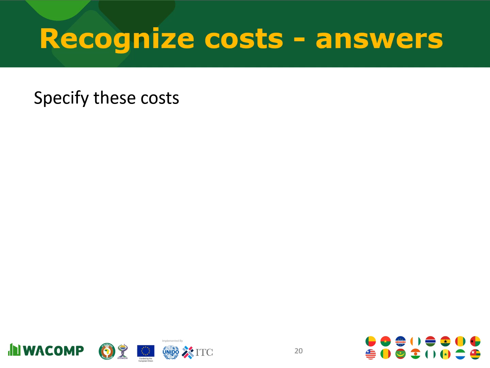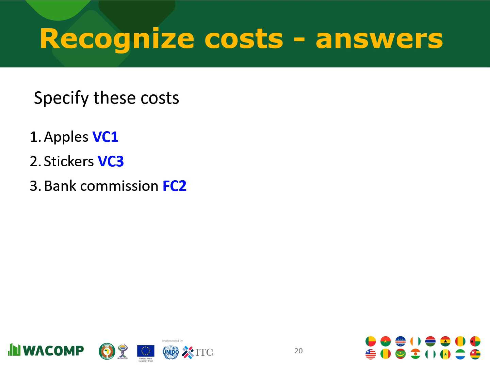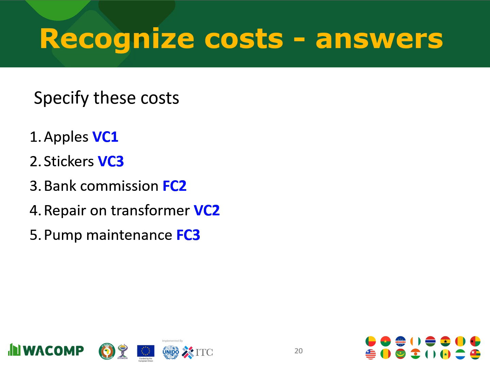And here are the answers. Apples, raw material, VC1. Stickers, VC3, packaging. Bank commission, FC2. Repair on transformer, VC2. Pump maintenance, FC3.